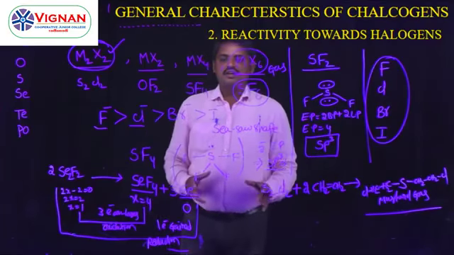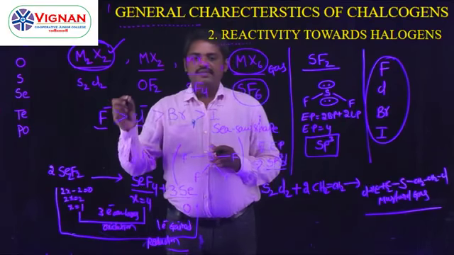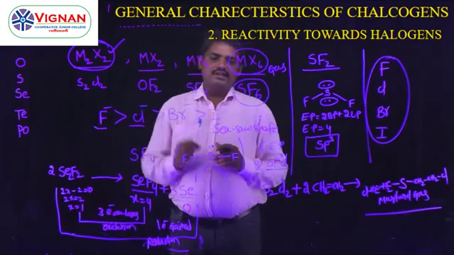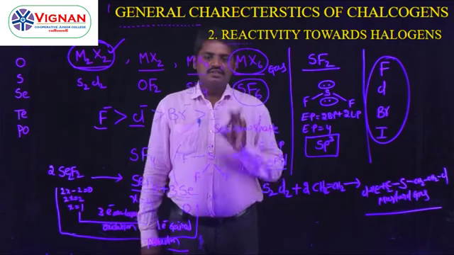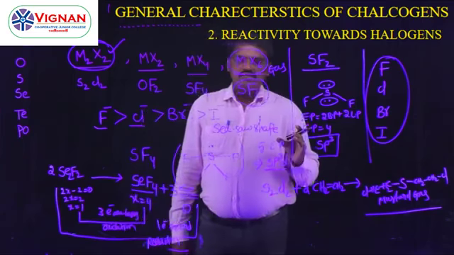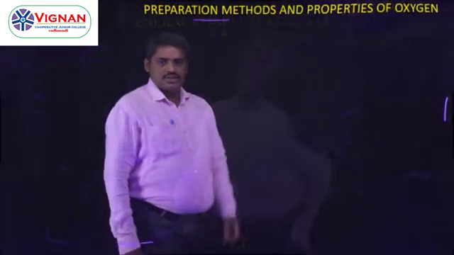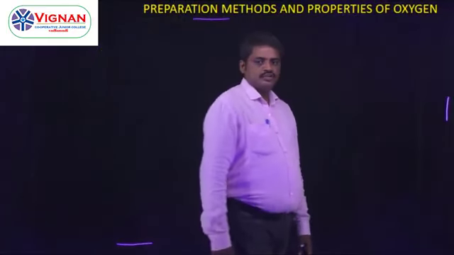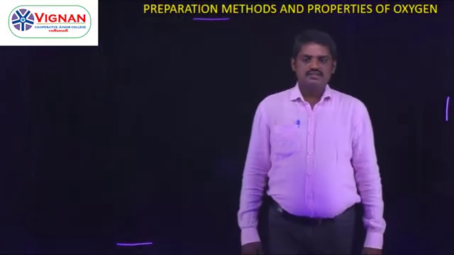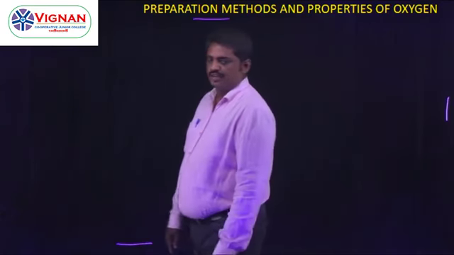This is the importance of 16th group elemental halides. So, this is the explanation for reactivity towards halogens for 16th group elements. Next, I am going to discuss preparation methods and properties of oxygen.